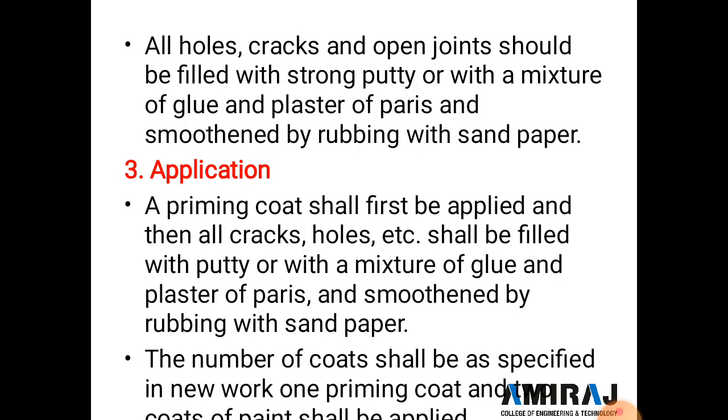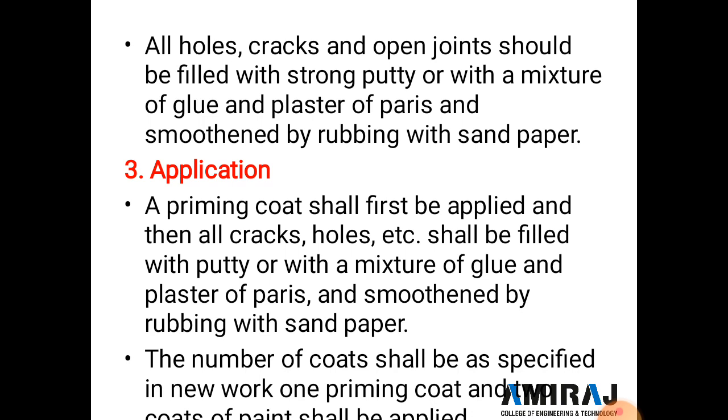Different types of sandpaper are available. All the holes, cracks and open joints should be filled with a strong putty, or with a mixture of glue and plaster of Paris, and smoothed by rubbing with sandpaper. Now third is the application.